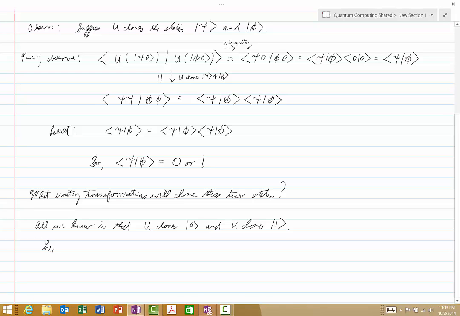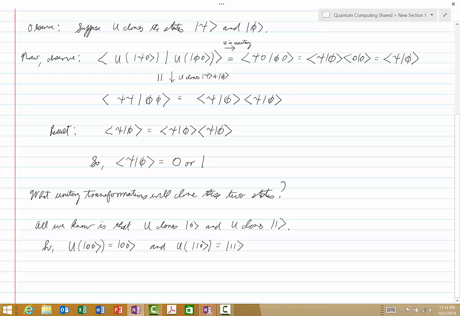So, going back to our definition of what it means to clone a state, this means that U of 0, 0 is equal to 0, 0, and U of 1, 0 is equal to 1, 1.